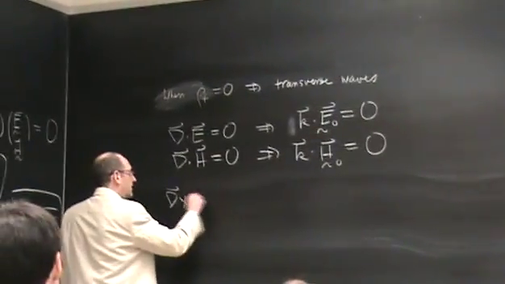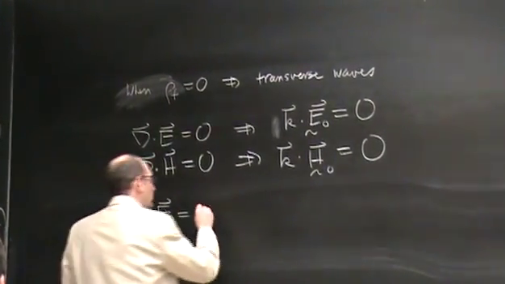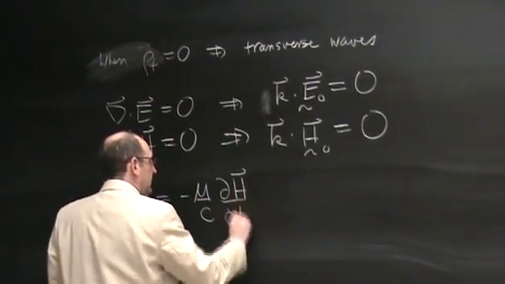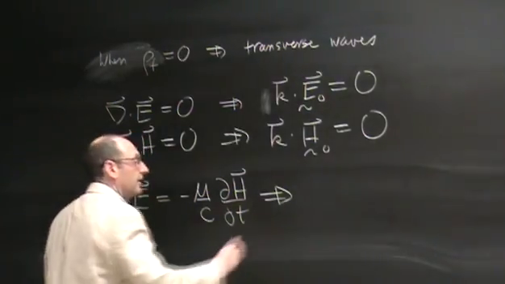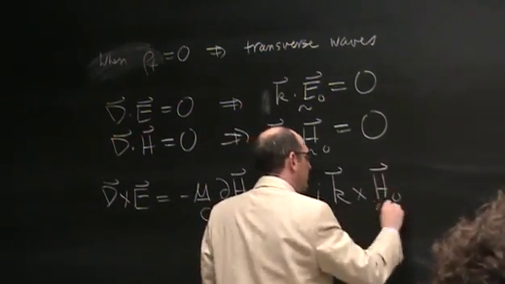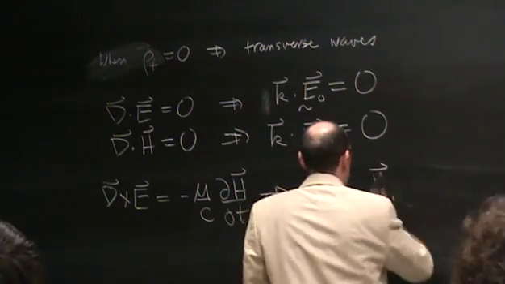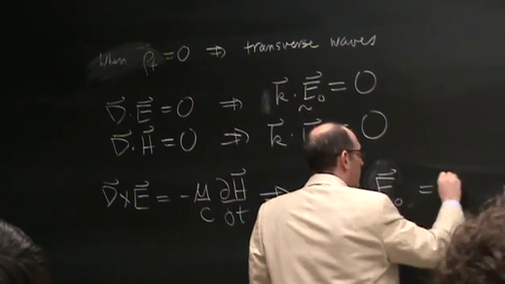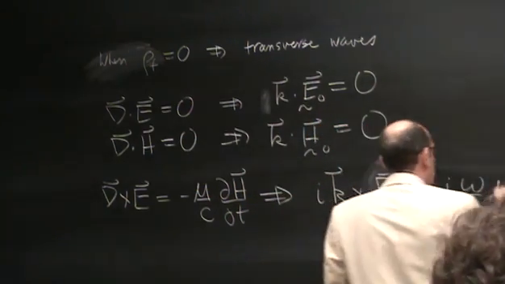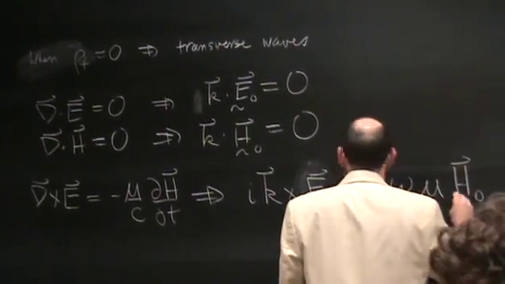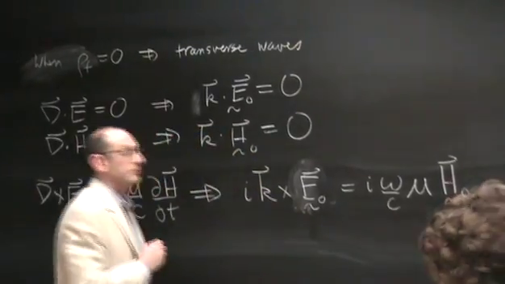So del cross E is equal to minus mu over c dH/dt, which implies ik cross E naught tilde is equal to i omega over c mu H naught tilde, right?